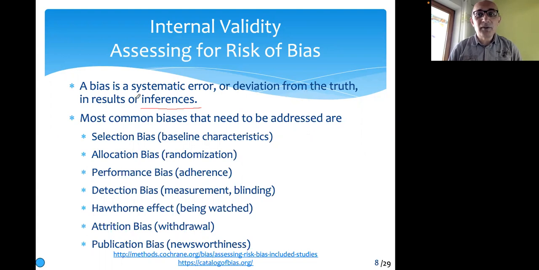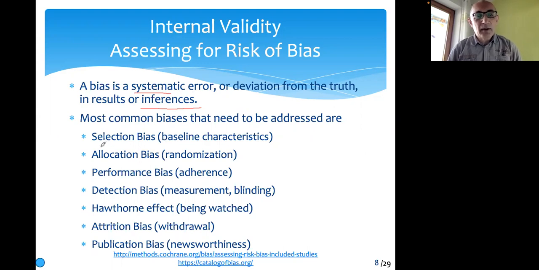It's not randomly occurring, it is a systematic error, and it leads to a deviation from the truth. That we don't want, of course, and we have to be very careful whenever we read a paper, a manuscript. We should check whether there are some sources of bias or not.